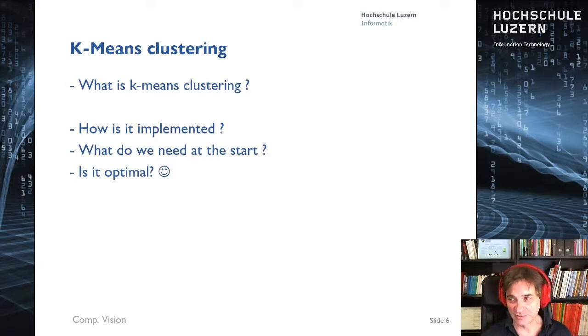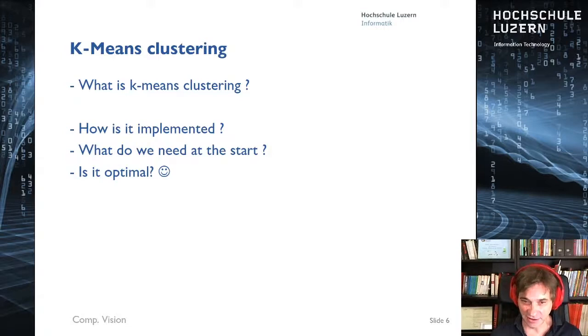One feature, for example, could be color. You could just do k-means clustering on the color. That would be the straightforward approach. You could also use some texture features that we will look at in the next lesson. But for now, just imagine that you would do it on color.